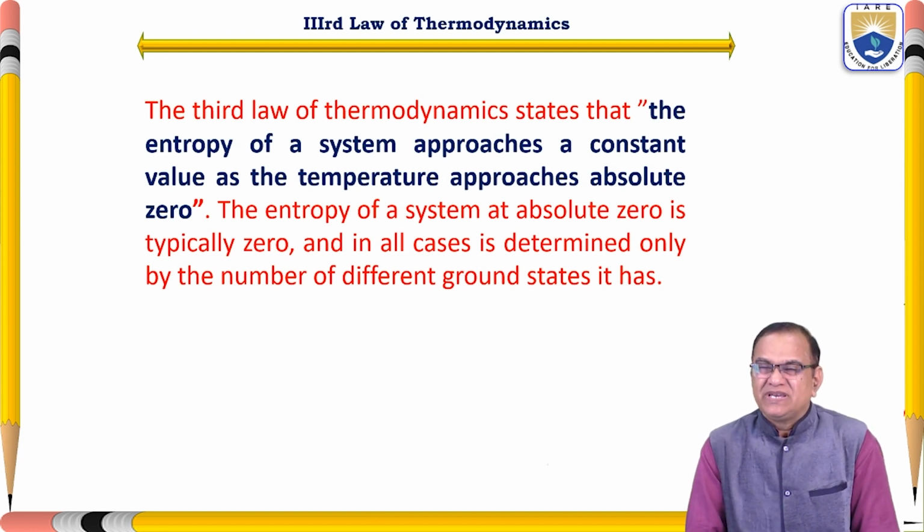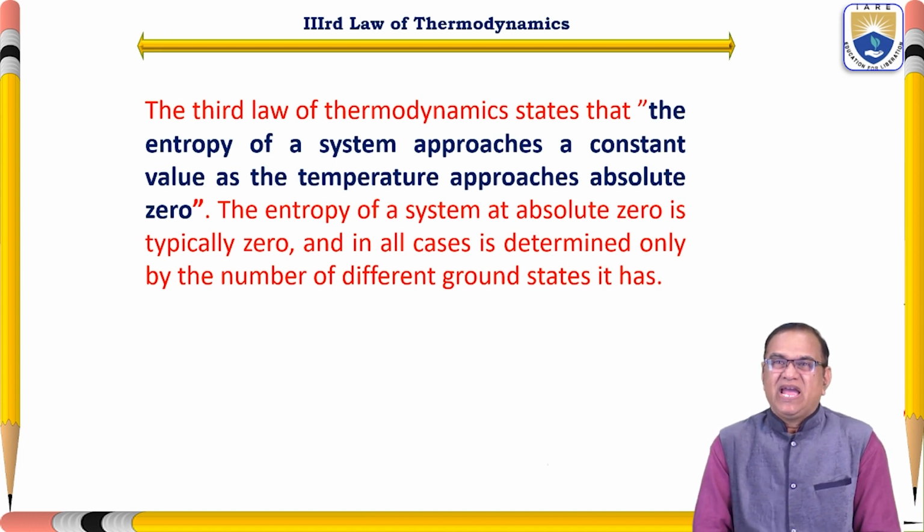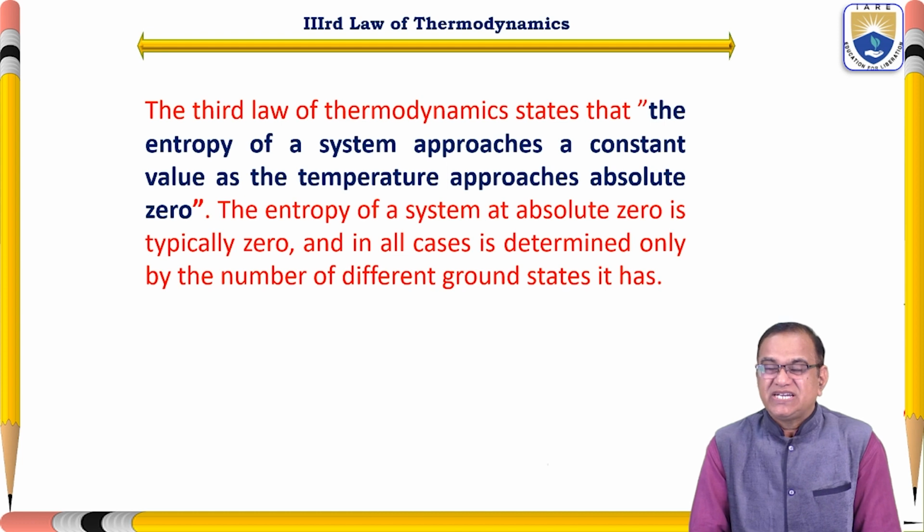The entropy of a system at absolute zero is typically zero, and in all cases is determined only by the number of different ground states it has.